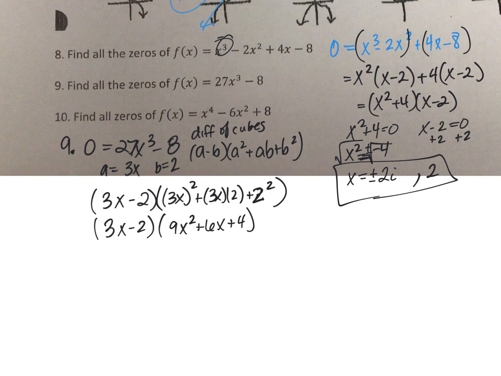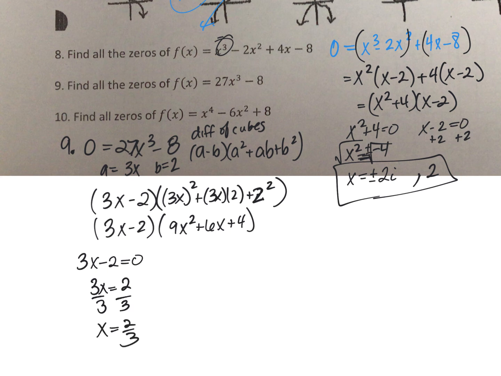Now remember that the 9x squared plus 6x plus 4 is not factorable, so we can't factor that anymore. So we can solve 3x minus 2 equals 0. 3x equals 2. x is 2/3.